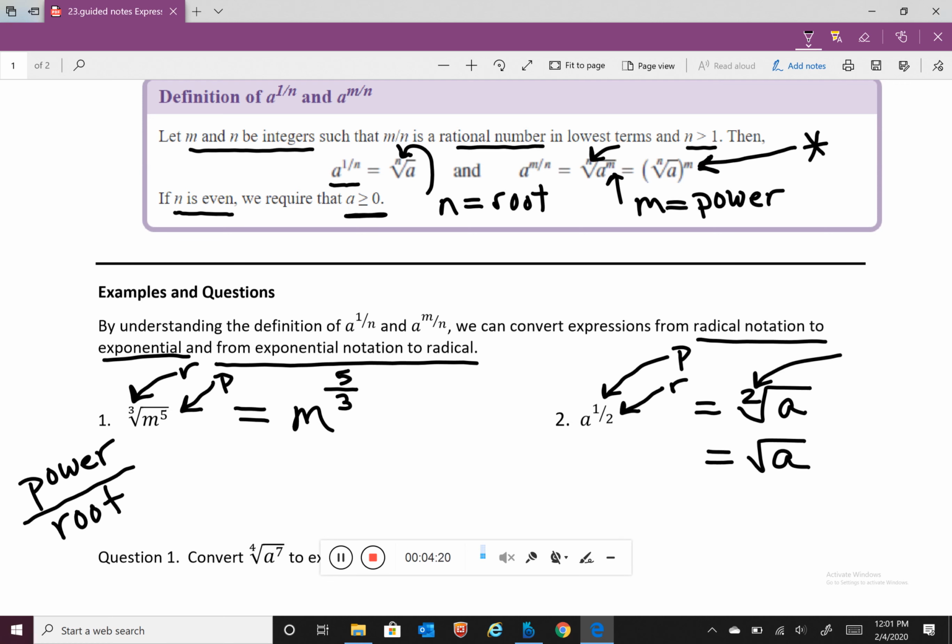Anytime there is not a small number in this area right here, that means that it is the square root. So this is implied. It's not needed to be written. So it is implied to be 2. So we just write the square root of a.